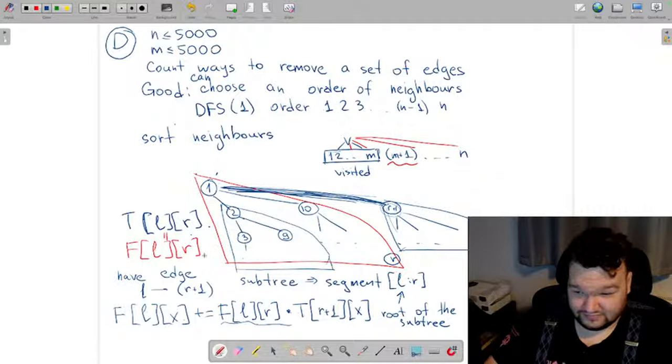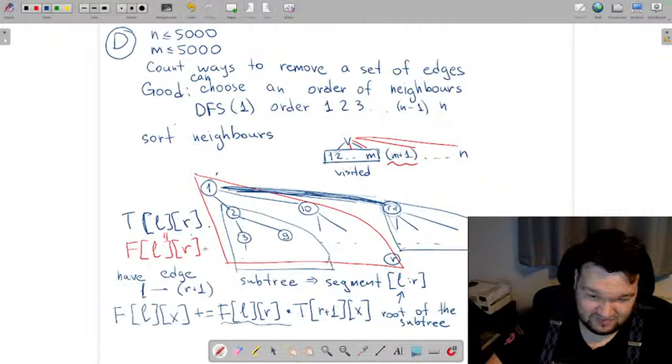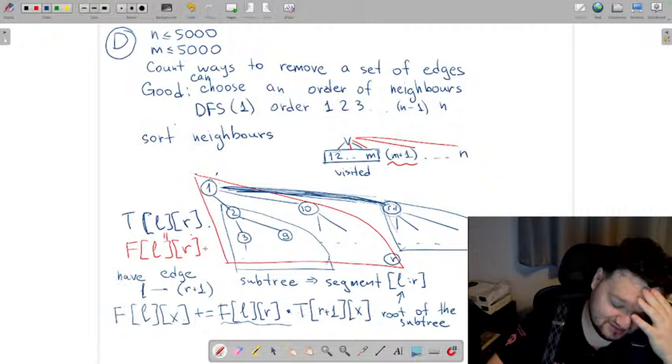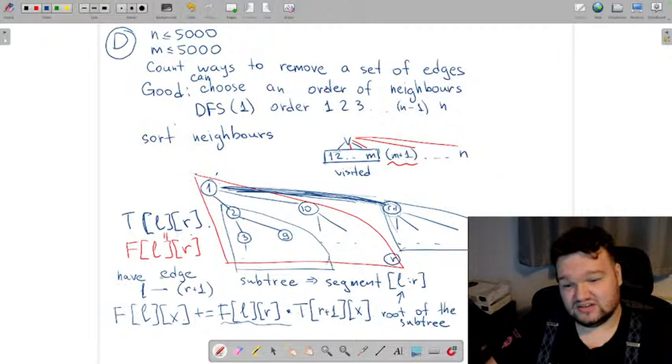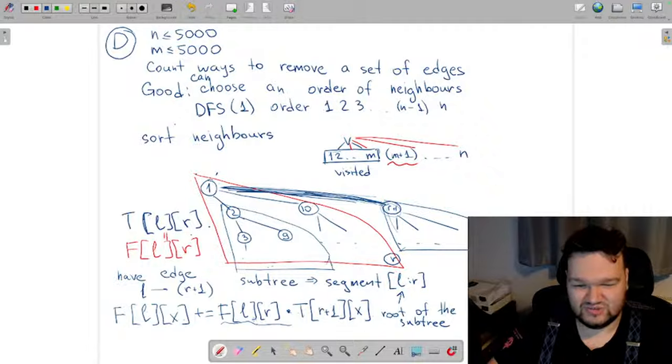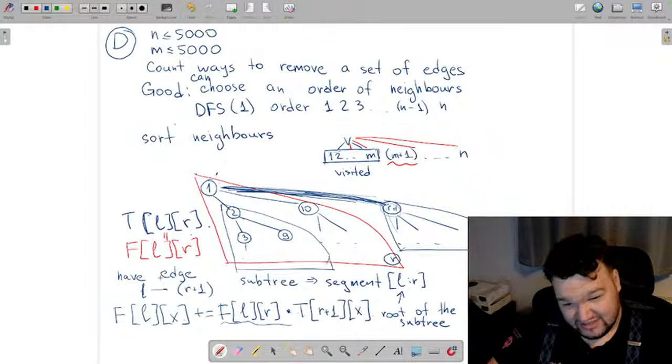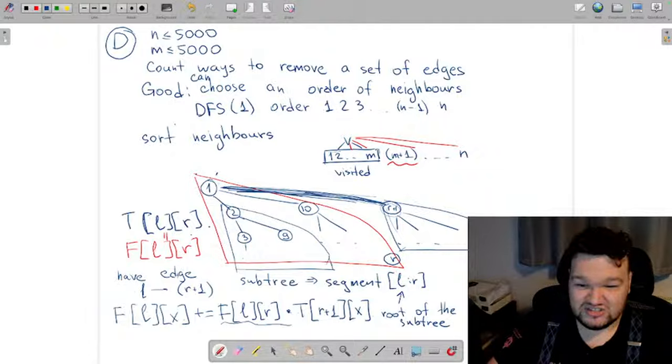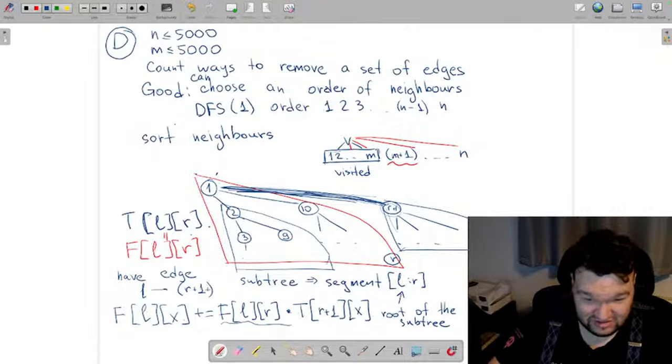Right. It might look like it's cubic, as most subsegment DPs that work like that. Look, we're choosing three indices, right? L, R, and X. But actually, our transitions correspond to edges, so we can fix an edge and make the transition corresponding to that edge.